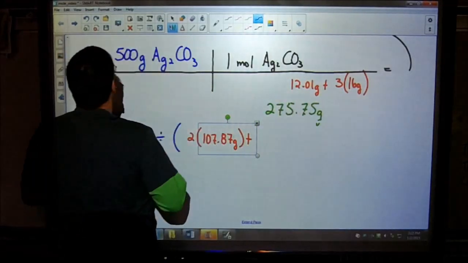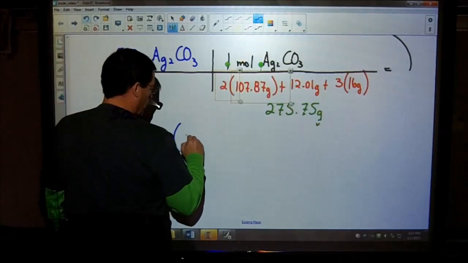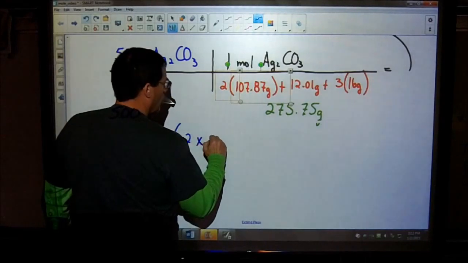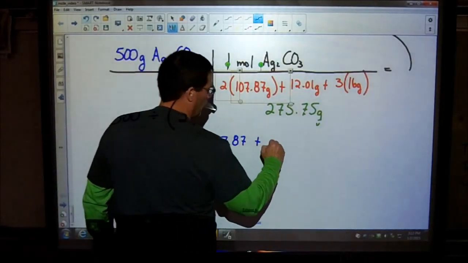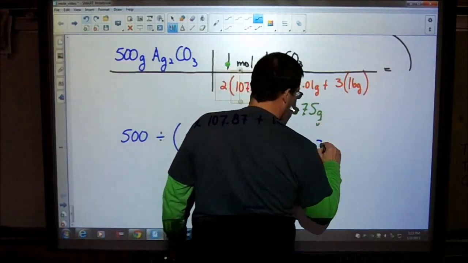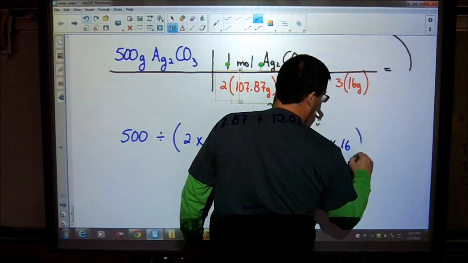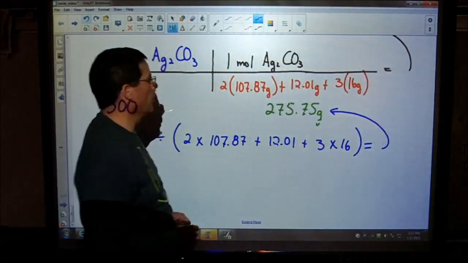It'll be 2 times 107.87 plus 12.01 plus 3 times 16, close the parentheses, and that should give you your answer that you're looking for here.